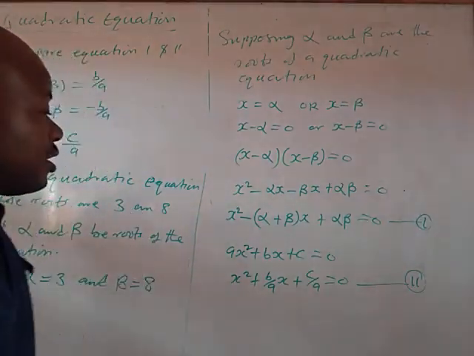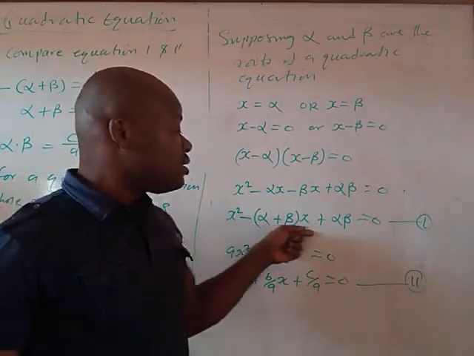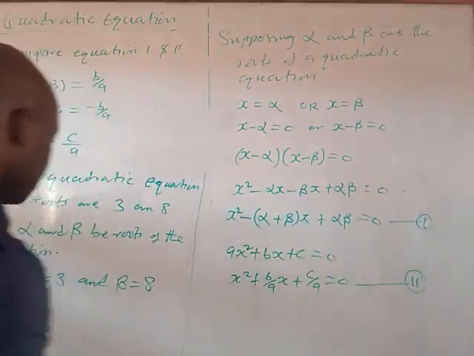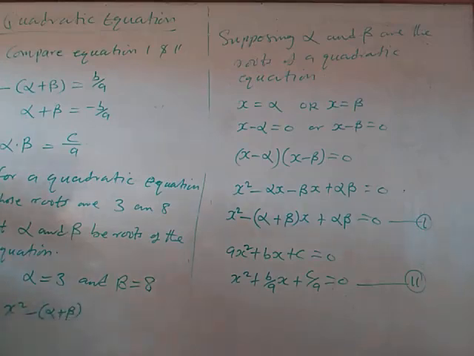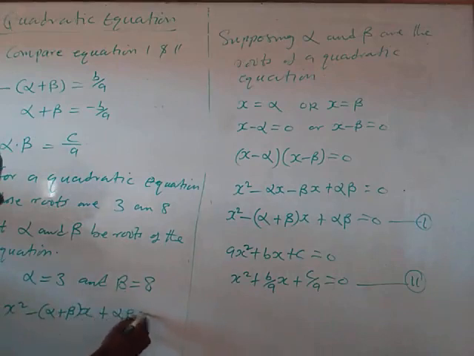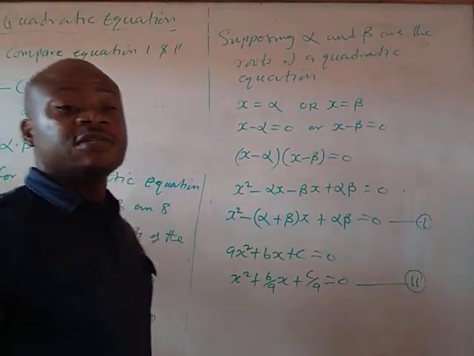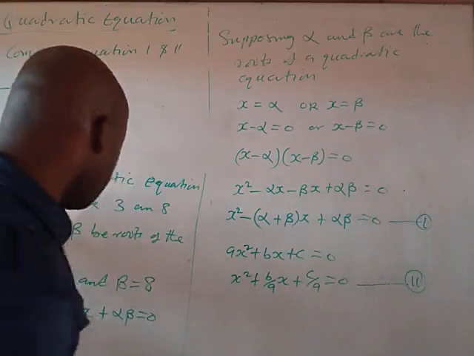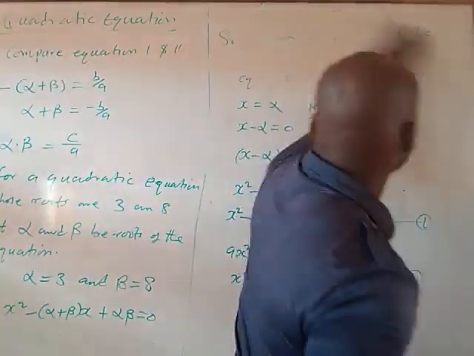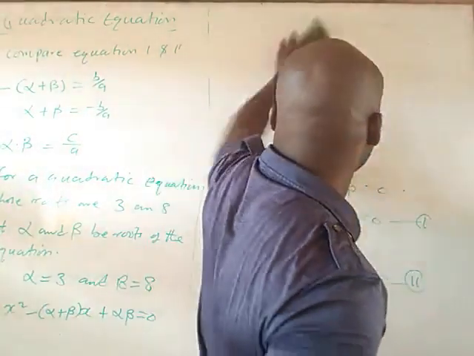Now, to solve this, what we do is to write this equation out. What do we have as that equation? We have x squared minus alpha plus beta x plus alpha beta equal to 0. So what we need to do in this case is just to substitute the value for alpha and the value for beta.